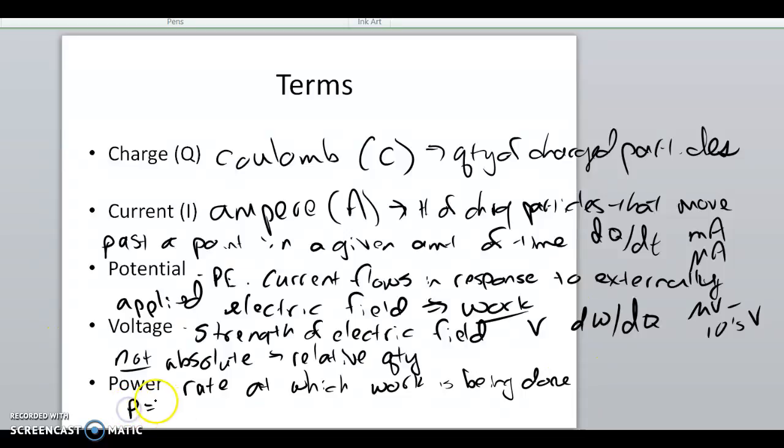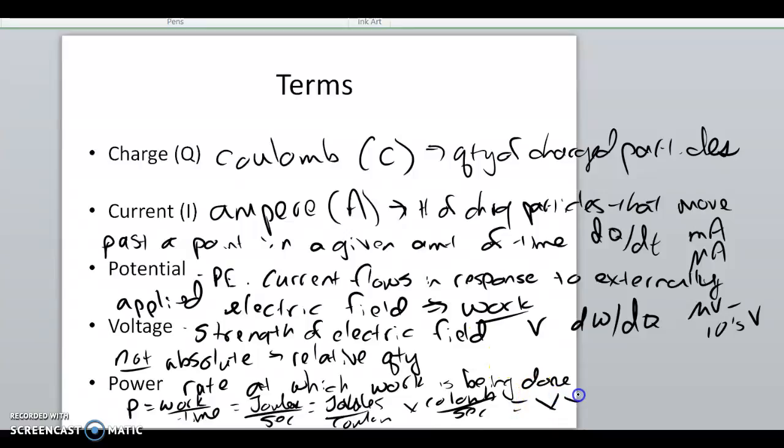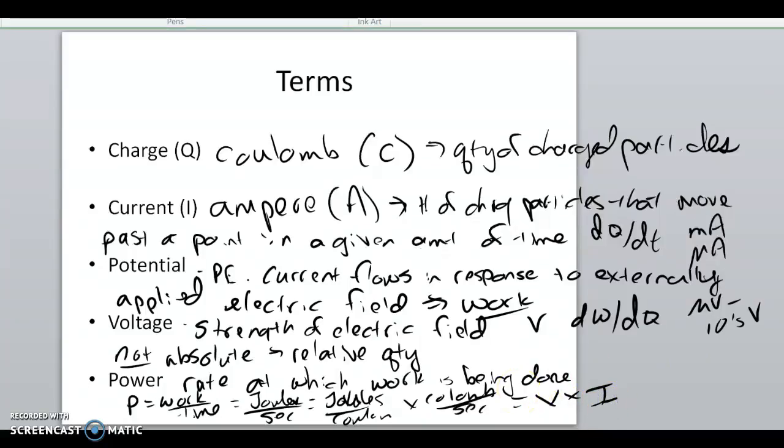So power is equal to work over time, which is joules per second, which can also be joules per coulomb times coulomb per second, which is equal to V times I. So when we're in electrical stuff, our power is voltage times current.